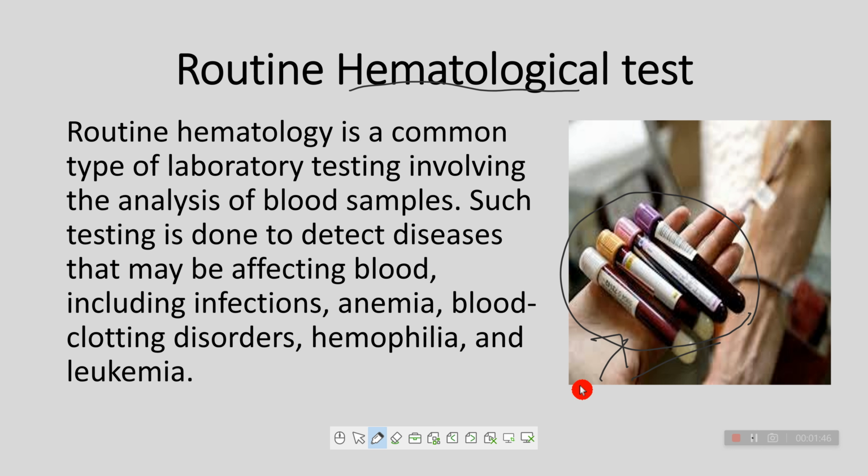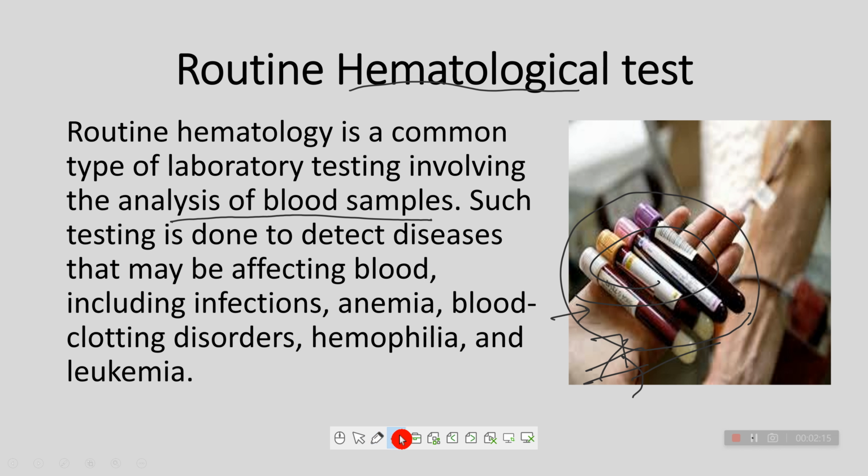There are different assays that can be performed with the blood sample. So, routine hematological tests are the common type of laboratory tests that are performed for the analysis of blood samples. In the blood sample, we detect different diseases that may affect the blood composition or the regulation of the blood.